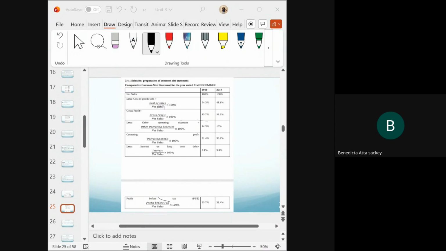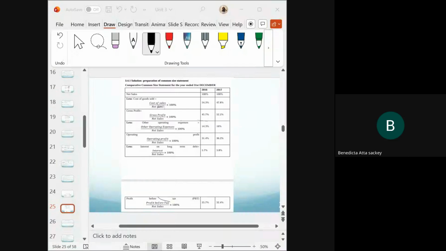Madam, increase. Increase. So what does it tell us? What is the interpretation we can make? Madam, it means that in 2017 we make a huge revenue than in 2016.